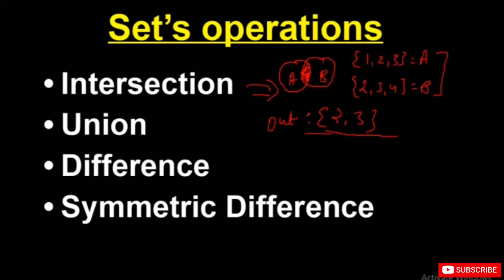Now, what is a union? Let's again take the example of A and B. When we apply the union operation, we get the output 1, 2, 3 and 4. It means include everything, but repetition in a set is not allowed. You cannot write 1, 1.